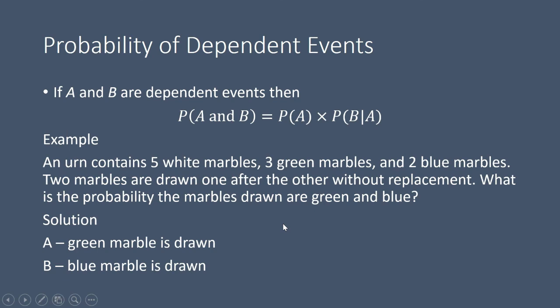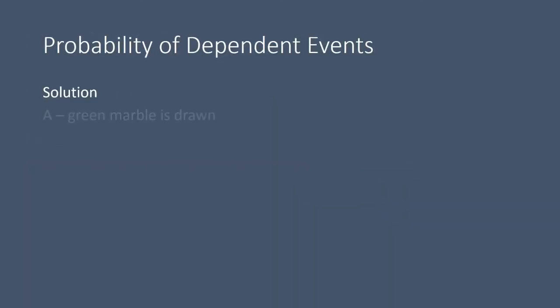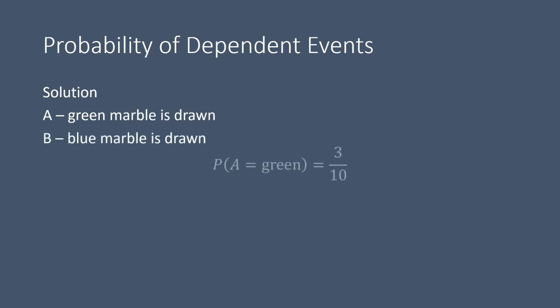What is P of A and B? P of A, the probability of getting a green marble from an urn that contains 10 marbles, is 3 over 10, because we have 3 green marbles and the size of our sample space is 10.